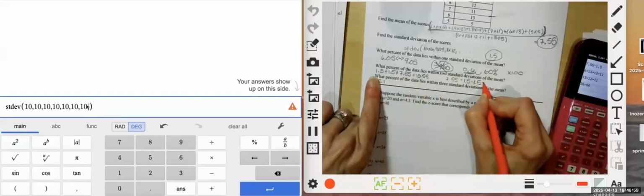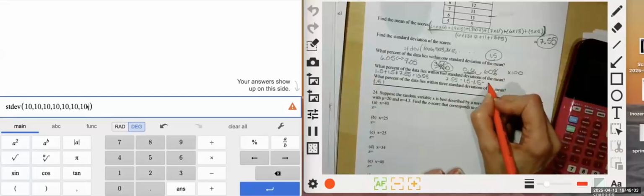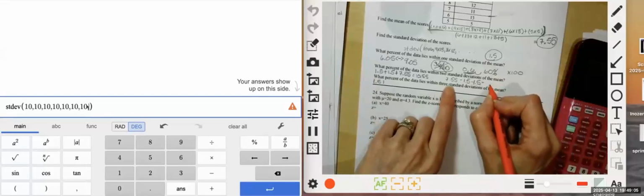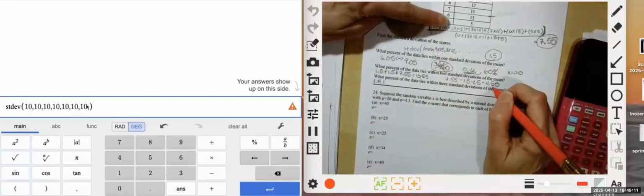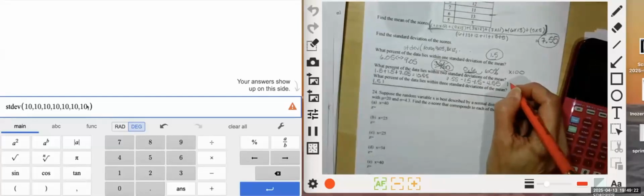So 2 standard deviations, we subtract 2, we add 2. Subtracting gives 4.55. So 4.55 would include the 5, and all the way up to 10.55. So this would be 100% of the data.